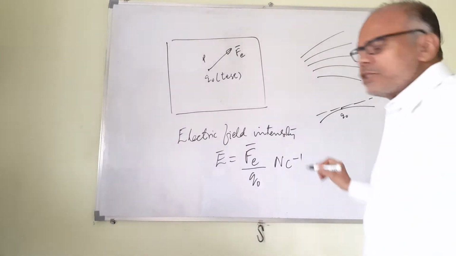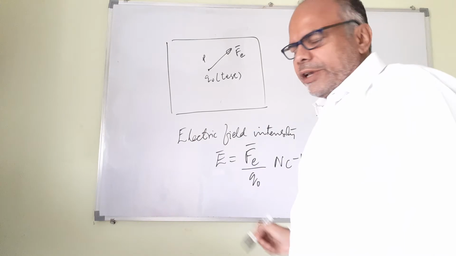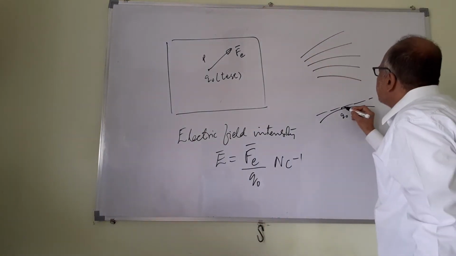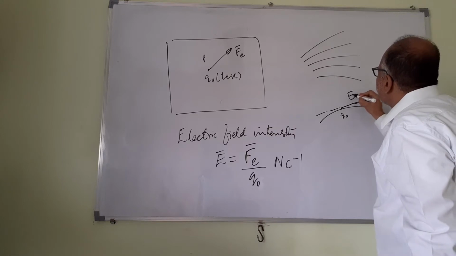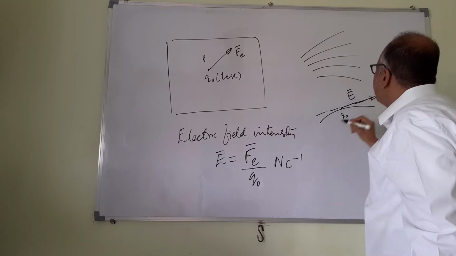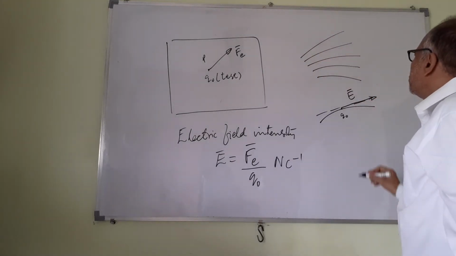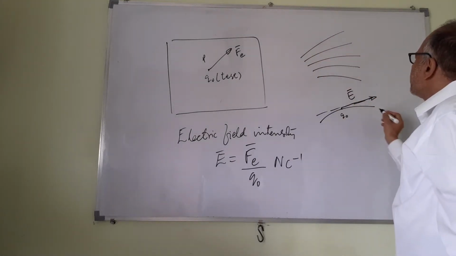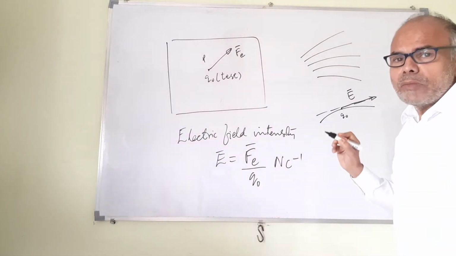Now the question arises, if you have a tangent, the direction of the force could be this way or that way. So let us say the electric field or force is towards the right. Now what we do is we indicate on the line of force in what direction to mark the force.